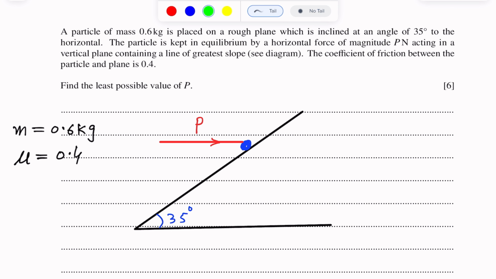So we are resolving this force P. This component is perpendicular to the plane and this component is along the plane.